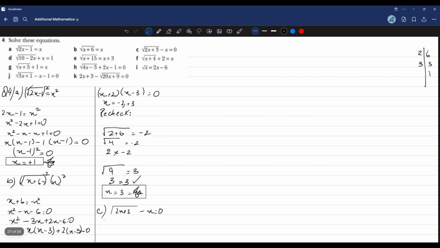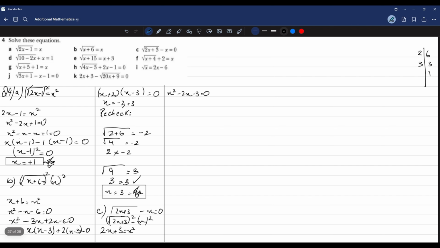Next step, what we're going to do is move x over: under root of 2x plus 3 is equal to positive x. And again, we're going to square on both sides to make this a quadratic equation. And we've got 2x plus 3 is equal to x squared. And if I were to make a partition right here, we have got x squared minus 2x minus 3 is equal to 0.